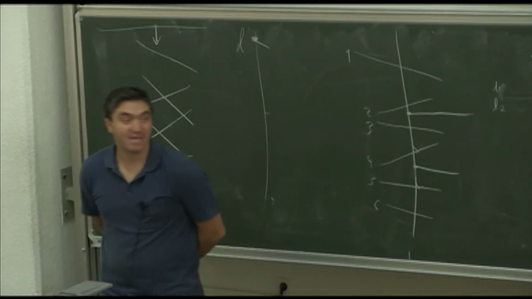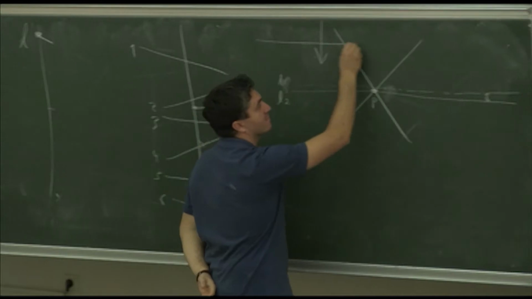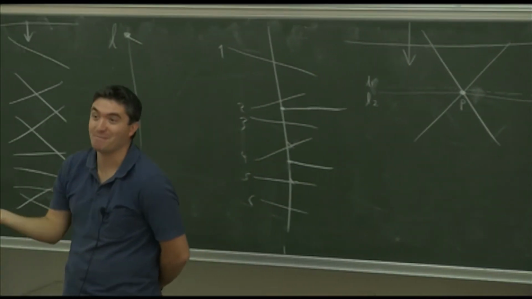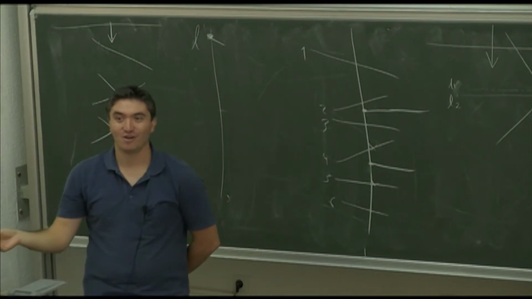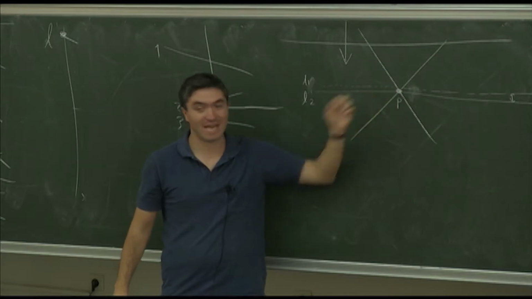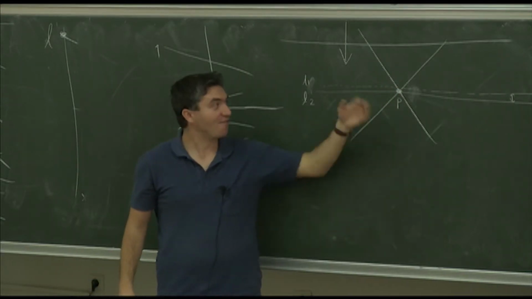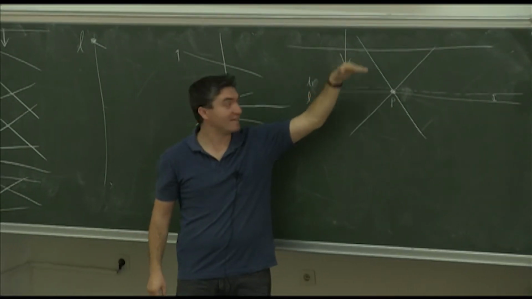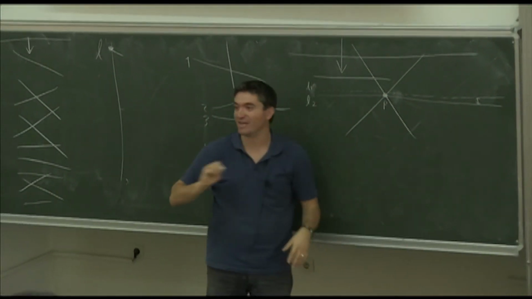And at the beginning of the sweep, they weren't neighbors because the status structure was empty, okay? So in order for them to be neighbors here, they have to be neighbors at some point in an event point above here, okay?